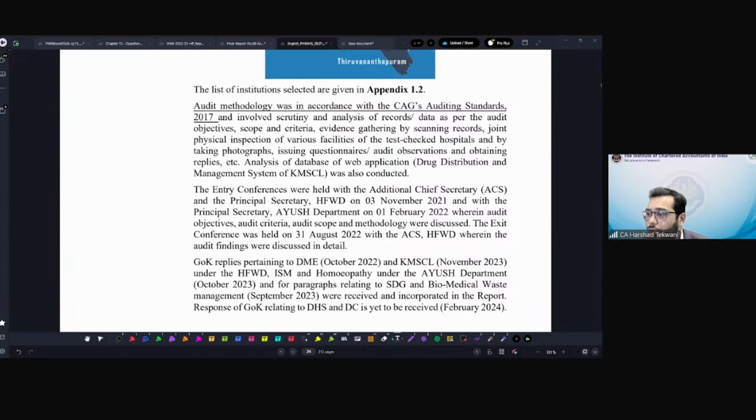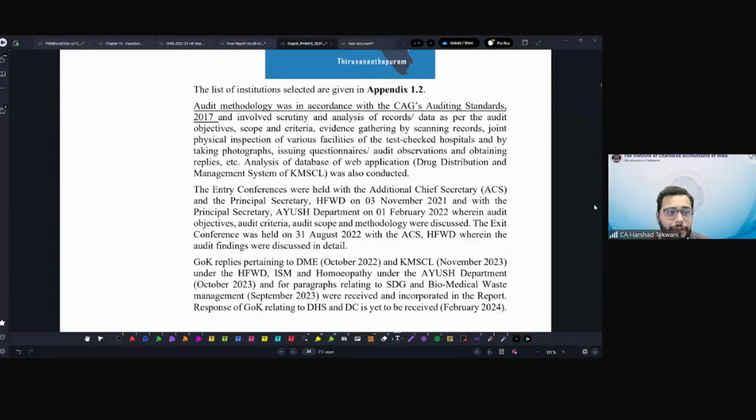So if you ask, do they have a different auditing standard, something with a new concept? The answer is no. Concepts are not new. It's the same concept, but in a different compilation that they have. This is how it is required to be followed.